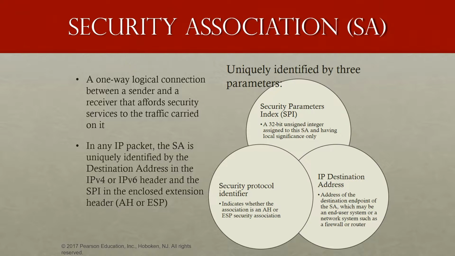Hence, in any IP packet, the security association is uniquely identified by the destination address in the IP version 4 or IP version 6 header, and the SPI in the enclosed extension header, AH or ESP.